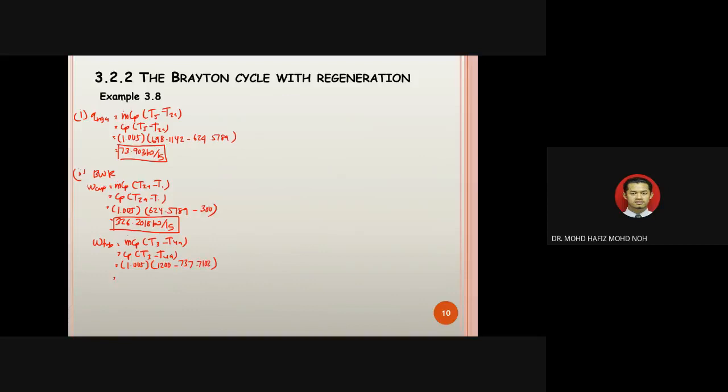So W turbine eventually we get 464.6013. Okay guys.